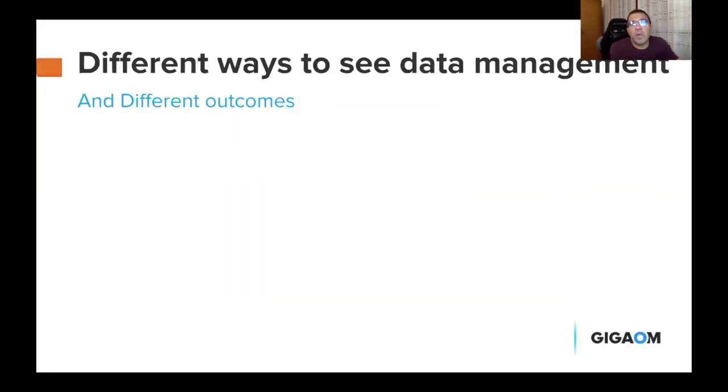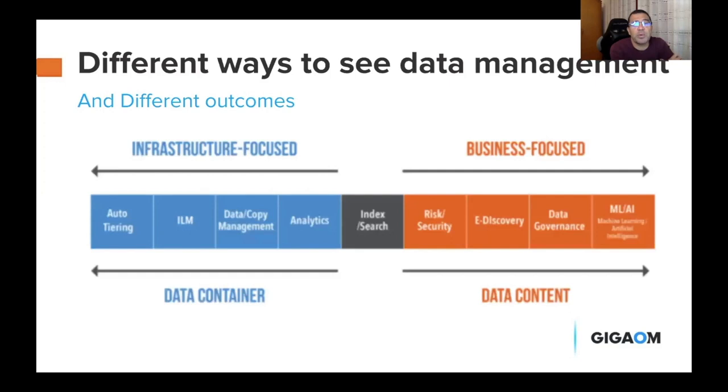There are different ways to see data management and different outcomes, of course. Usually, we at GigaOm propose this graphic where you can see that you can have an infrastructure-focused approach or a business-focused approach. In the first case, everything is about the container, the volumes, the files, so you work primarily on metadata.